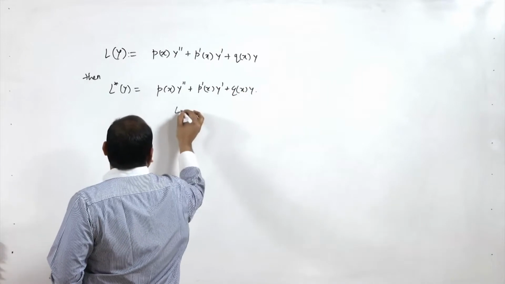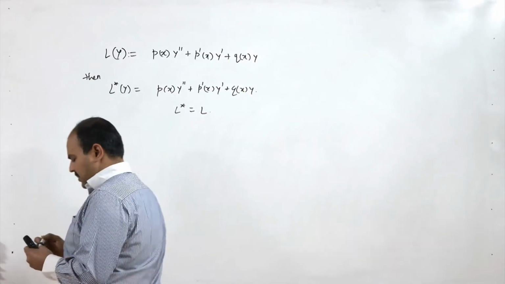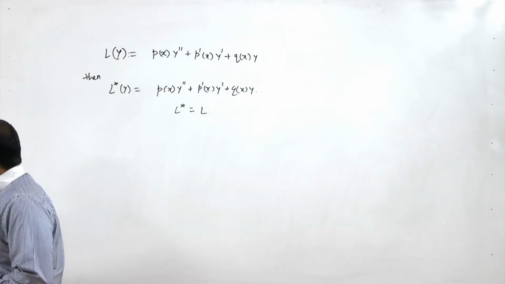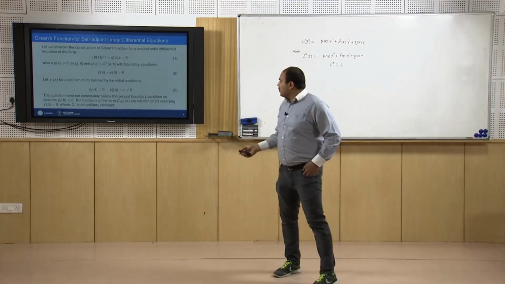So here L* is nothing but L, the self-adjoint linear operator.